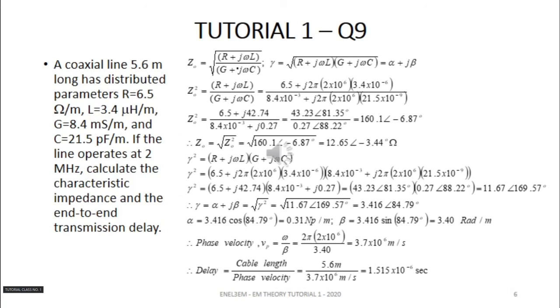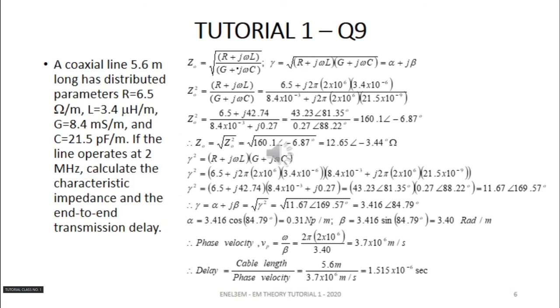Now, alpha is simply the real part of gamma, and therefore is 3.416 cosine of that angle, 84.79 degrees, and that gives us 0.31 nepers per meter. While beta, which is the imaginary part of gamma, is given by 3.416 sine of that angle, 84.79 degrees, which is 3.40 radians per meter.